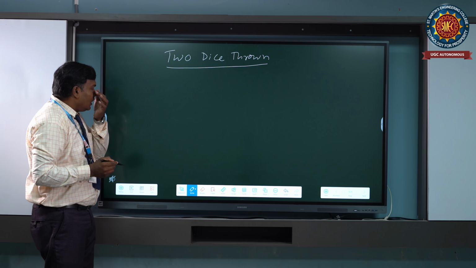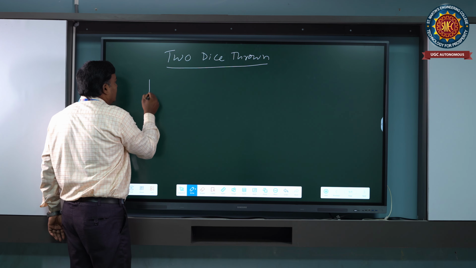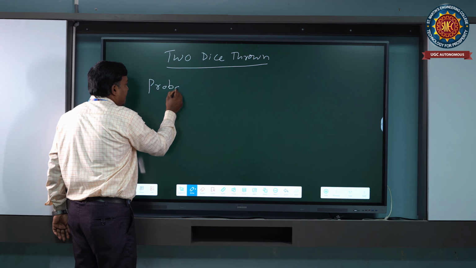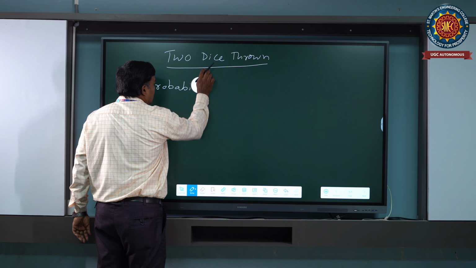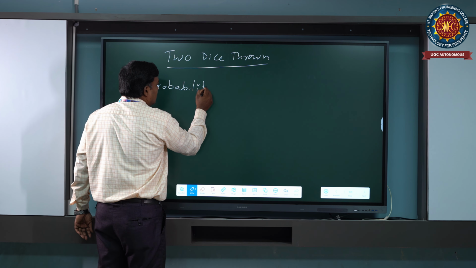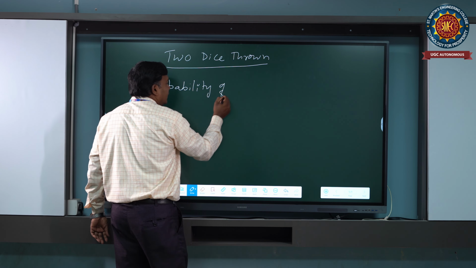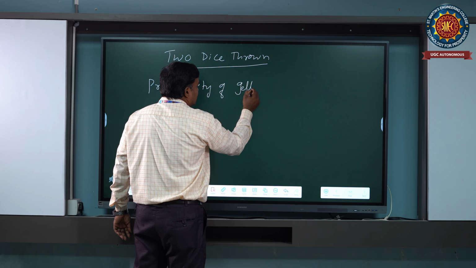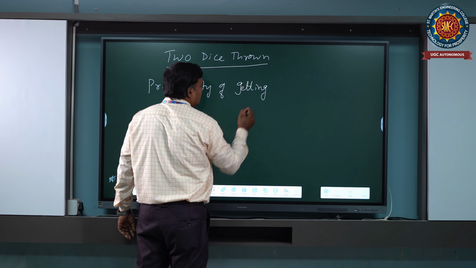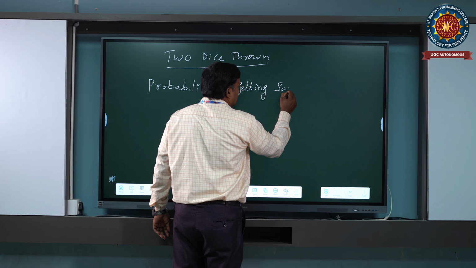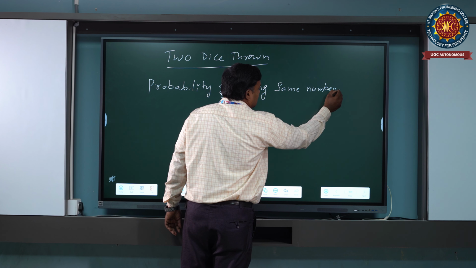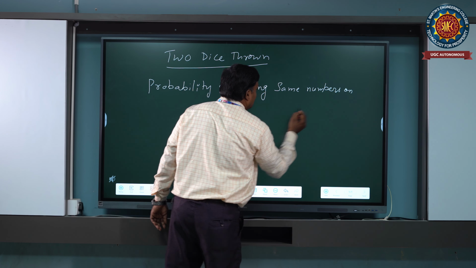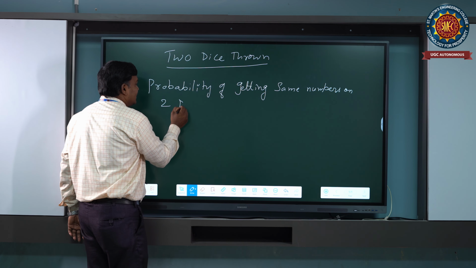What is the probability of getting the same numbers on two dice?